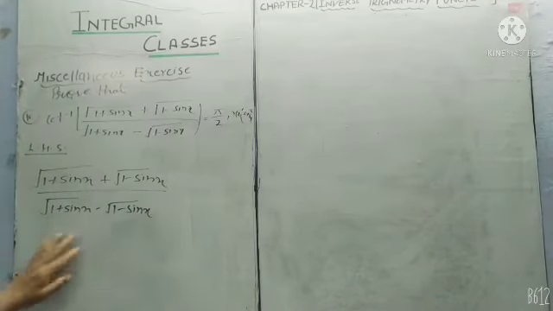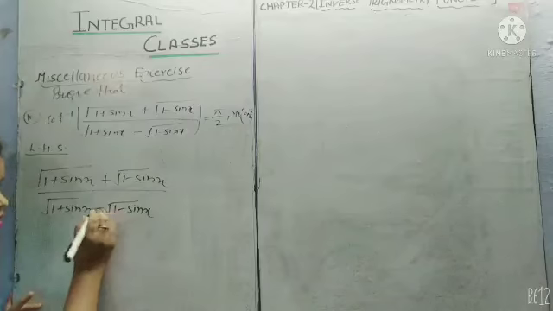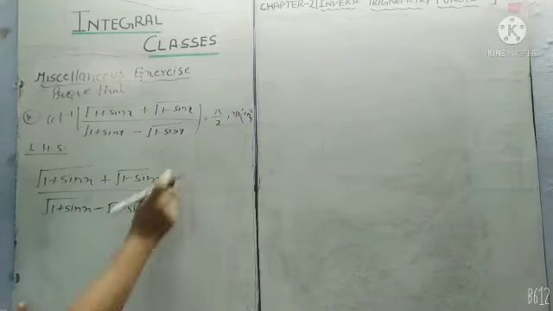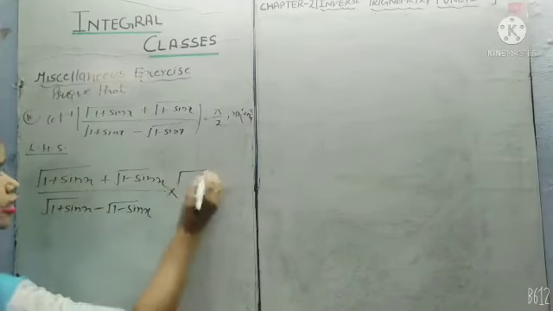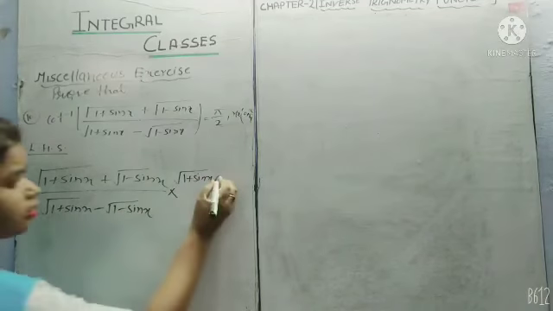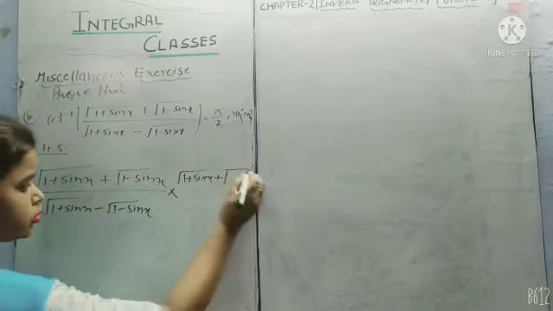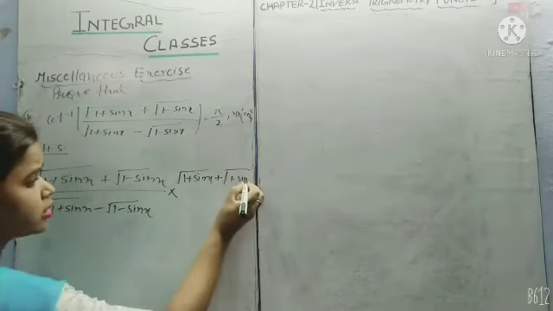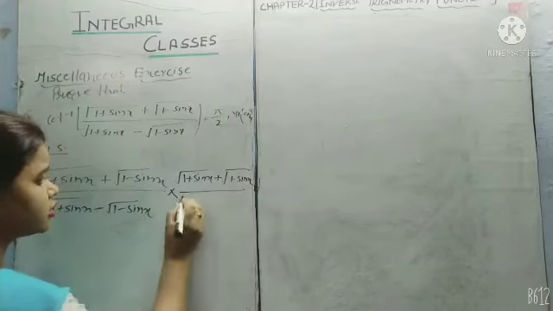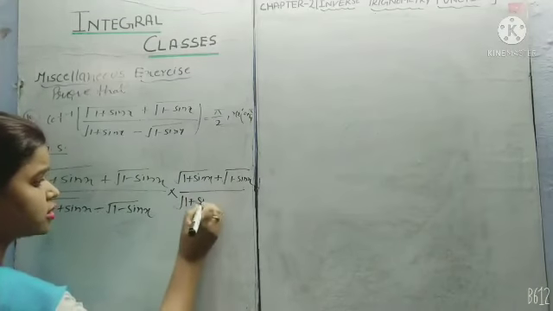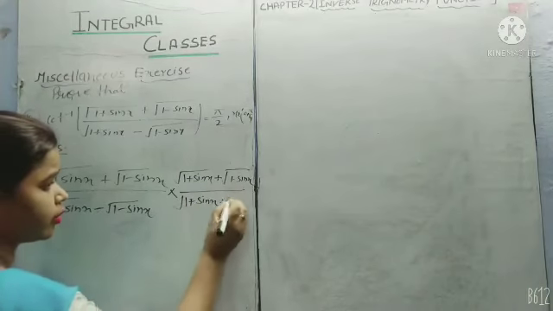Here is a minus sign, so we will multiply and divide by its conjugate. Here is a minus sign, we will put a positive sign, 1 plus sin x and 1 minus sin x, again the same in the denominator.